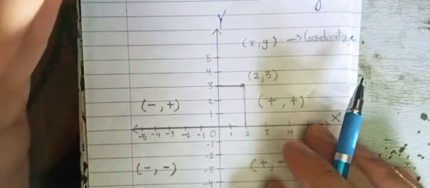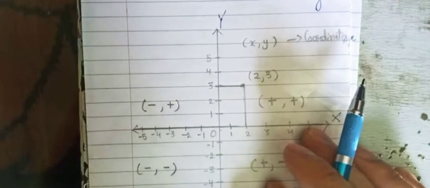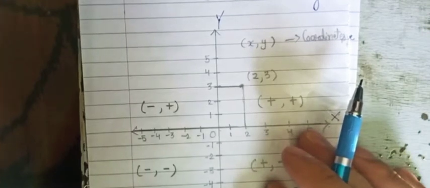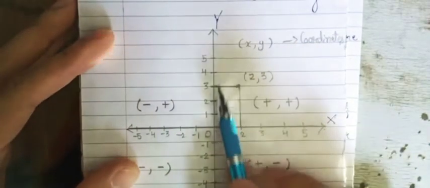So first of all, you must understand the meaning of coordinates. The coordinates are ordered pairs which define the position of a point in a two-dimensional space, that is, where the point is located, and what is the distance of that point from the x-axis and the y-axis.